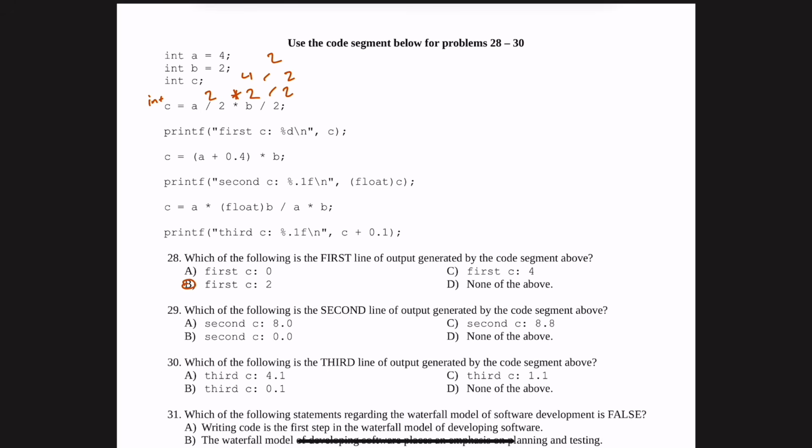Then moving on, we have c is equal to a plus 0.4. Well, integer 4 plus 0.4 is going to be double 4.4 times integer b. So 4.4 times 2 is going to be 8.8. But remember that c is an integer. So now c is equal to 8.